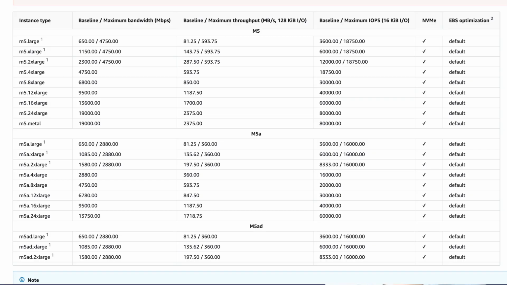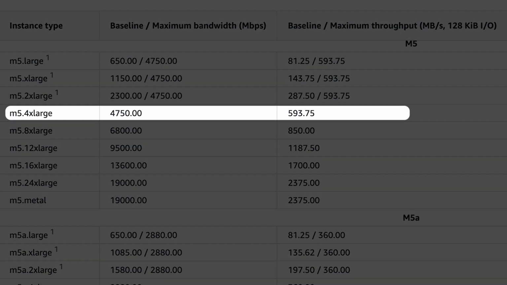So if we have a look at the AWS docs to see this as an example. So if we had an M5.4xlarge instance, this actually has a maximum throughput of 593.75. So if we were to attach a GP3 volume that was provisioned with 800 megabytes of throughput, the volume would actually never reach that full 800 megabytes, as it's actually going to be limited by the 593 megabytes that the instance can achieve.